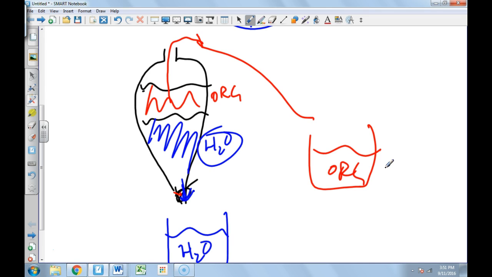Again, good lab technique, make sure you keep these labeled. You don't want to be the person that throws away what they thought was the water layer and it actually being the organic layer. So keep that in mind.